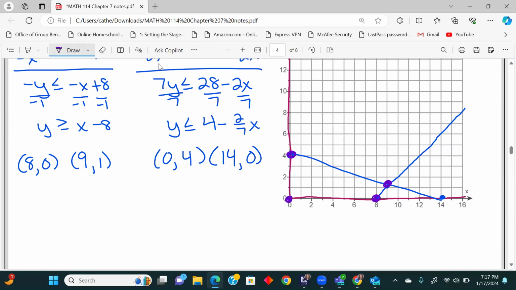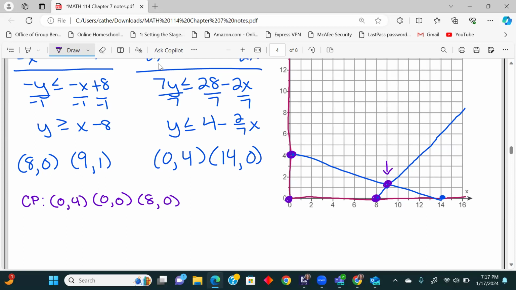So we have a corner point at 0, 4. We have one down here at 0, 0. One at 8, 0. And then we need to find this one right here where the 2 equations cross.